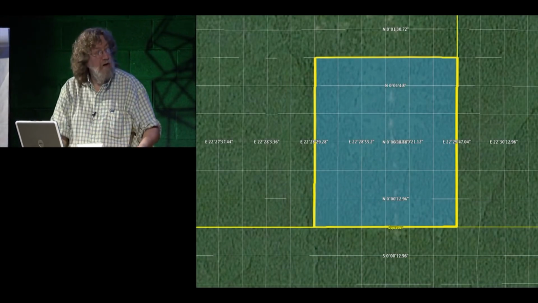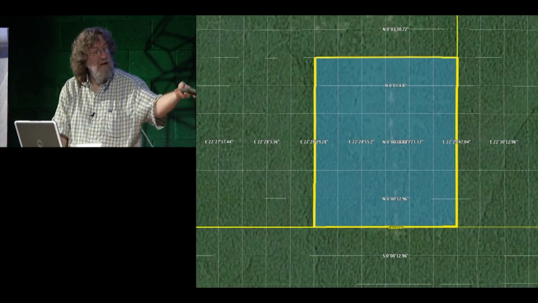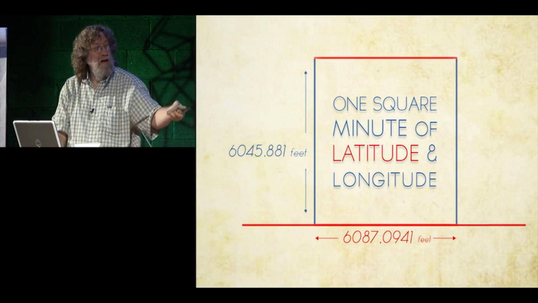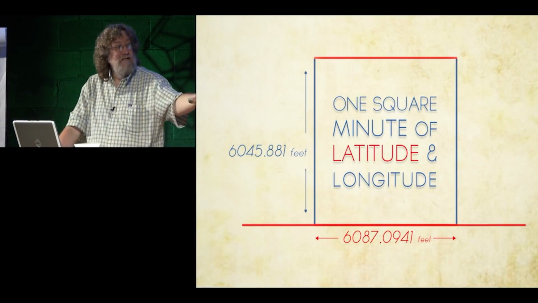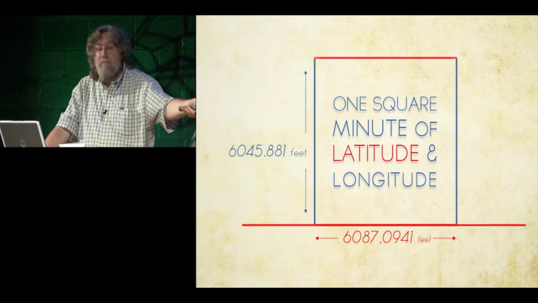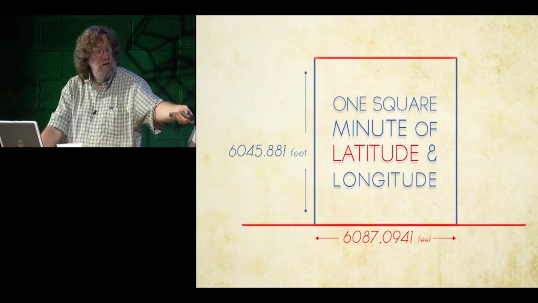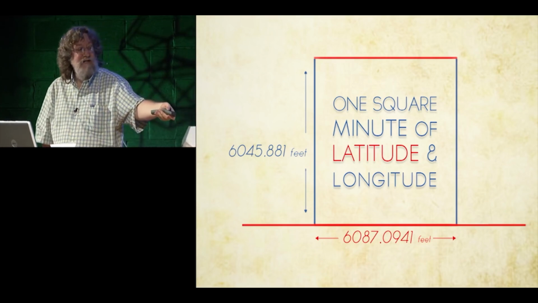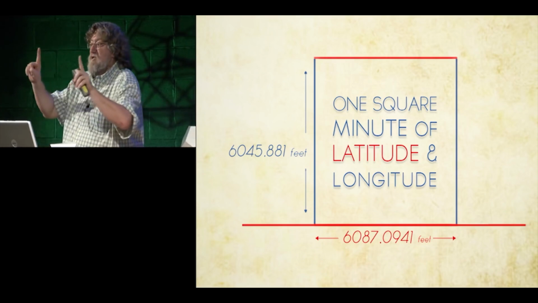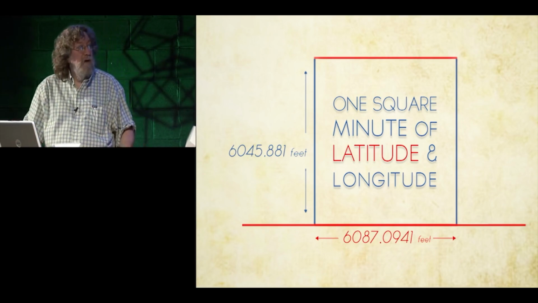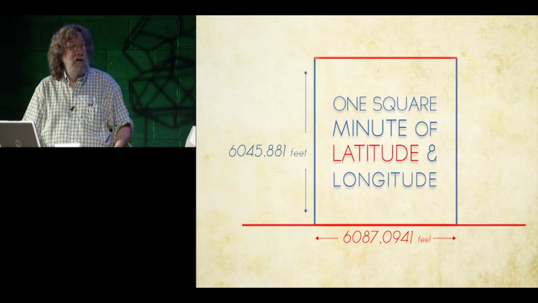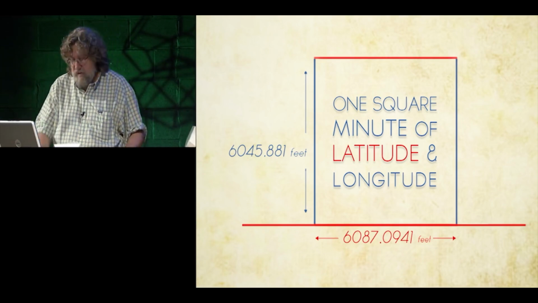We're going to take a closer look at that, and we will see that 1 minute then is 6,045.881 feet north to south, 6,087 east to west, which is what we expect. The east-west should be a little bit longer, and that's 1 square minute of latitude and longitude.